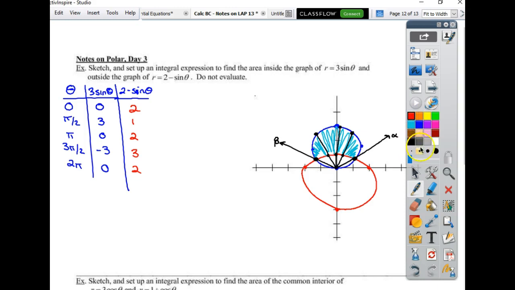If I'm breaking this whole thing down, what I really want to do is find the integral. I want to find the area created in the blue piece between alpha and beta, which is the 3 sine theta squared d theta. And I want to subtract from that, between the same 2 points, the red.